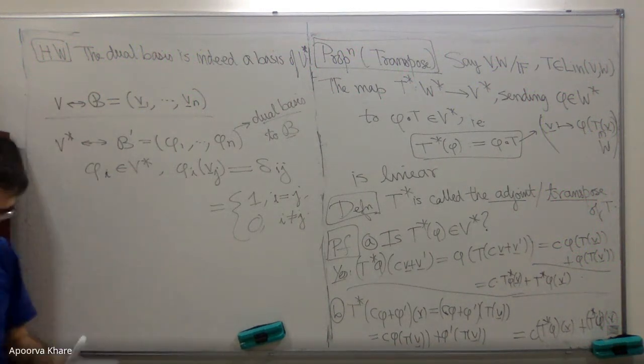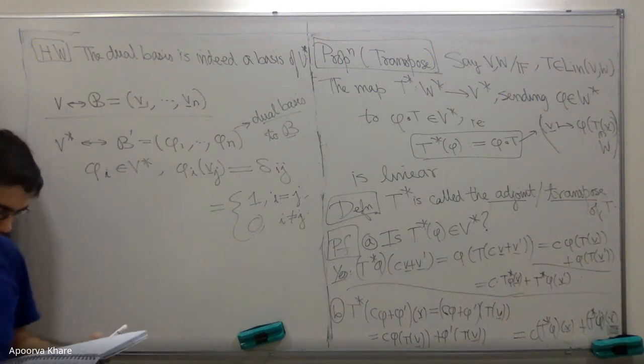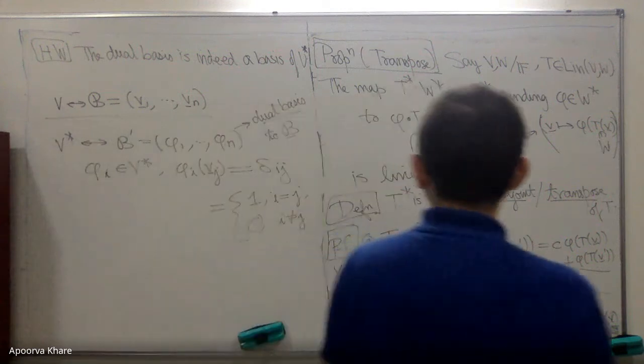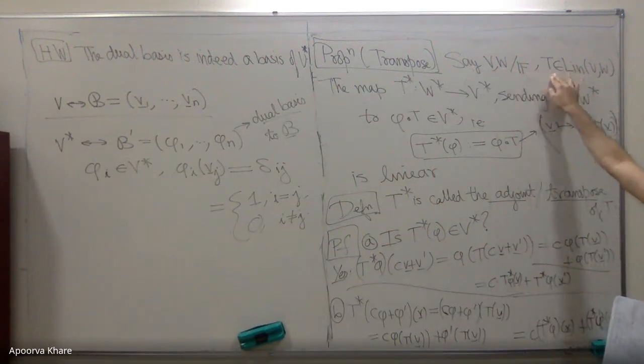And then we talked about, or we did not talk about, double duals. Let me check. No, we did not. Before we talk about double duals, we talked about transposes. The idea was to take any two vector spaces and any linear map.